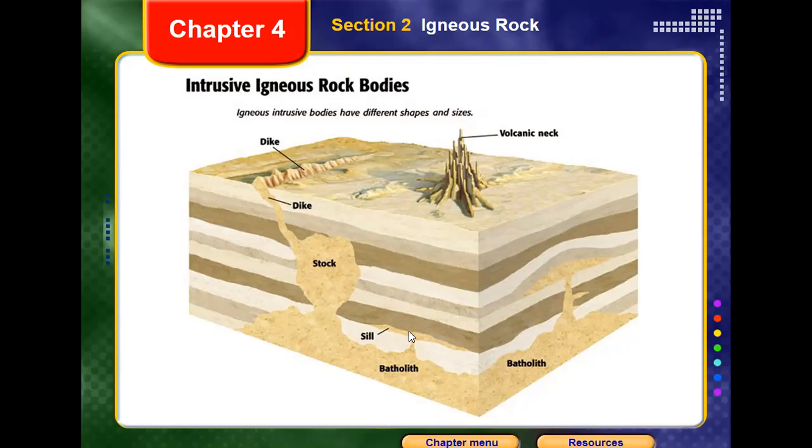While the sill is also very thin intrusive igneous rock, it moves parallel to the old rocks already found under the ground. Like this we find the different arrangements of the intrusive igneous rock under the ground. That's the first group of igneous rock, the intrusive igneous rock.